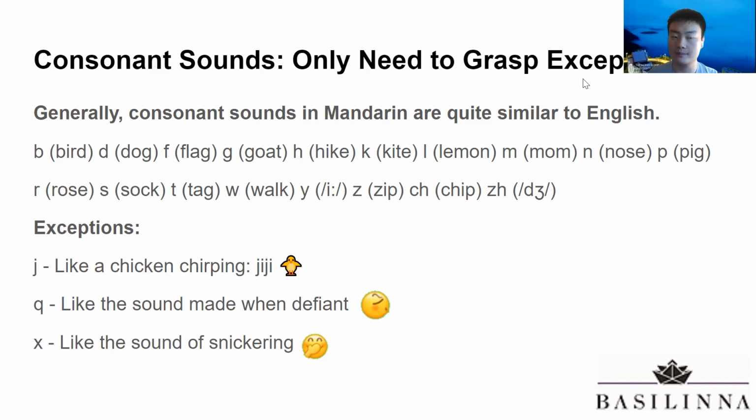and let's take a look at them one by one. First one, j, just like a chicken chirping, ji. Next one is chi, just like the sound made when you feel defiant.